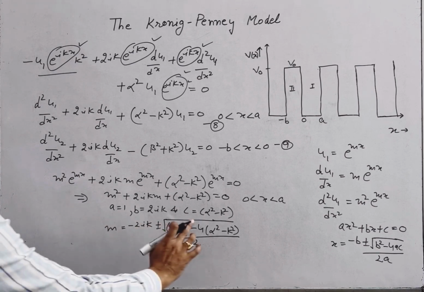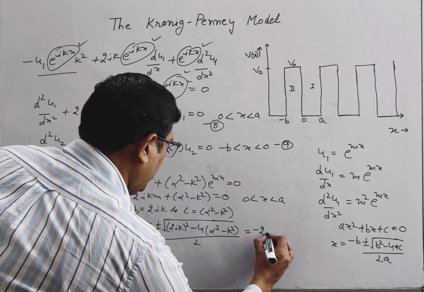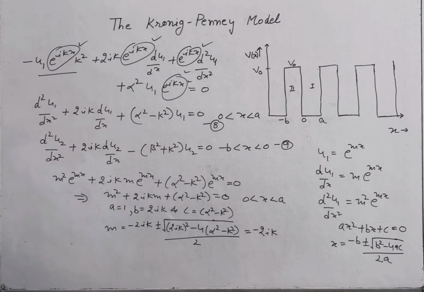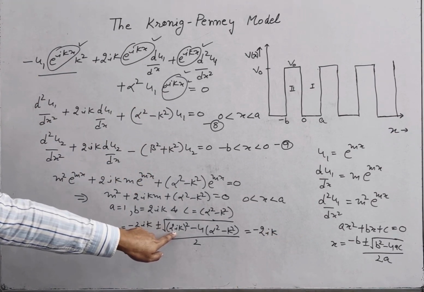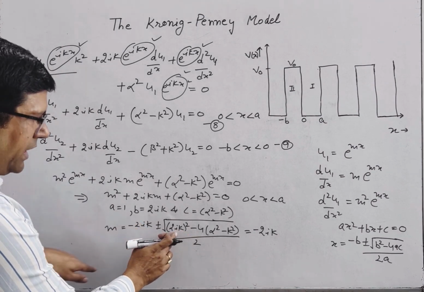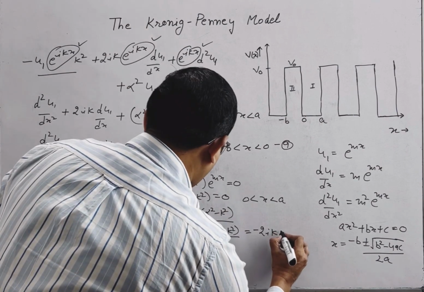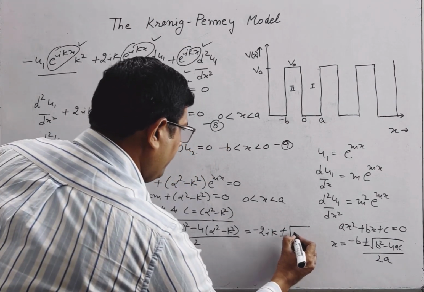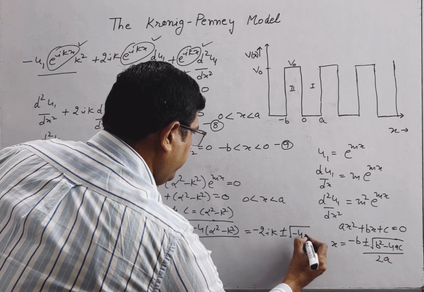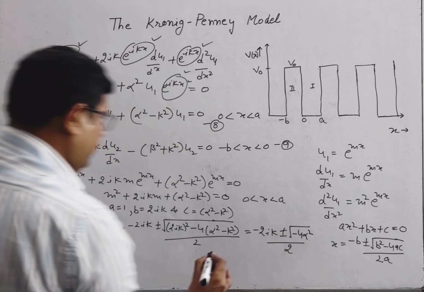Now from here we have minus 2 iota k, and this will be minus 4k square minus 4 alpha square minus k square, so the k square terms cancel out and we get plus minus under root of minus 4 alpha square upon 2.